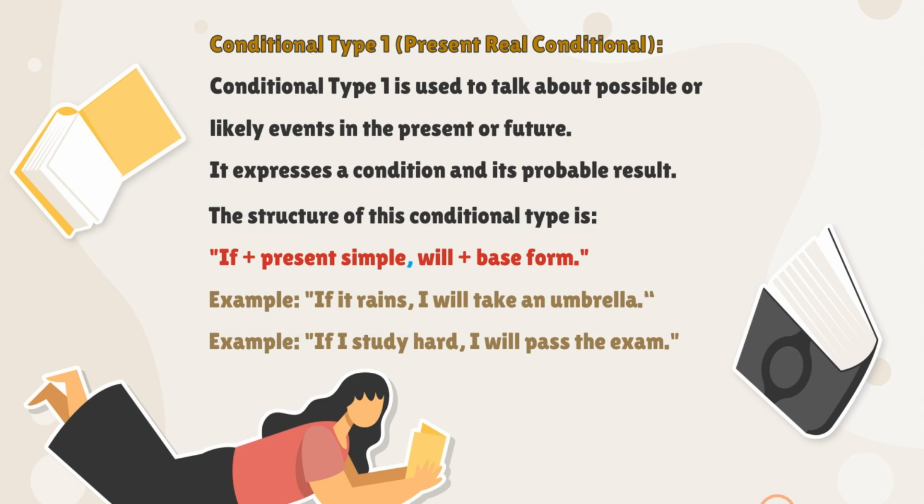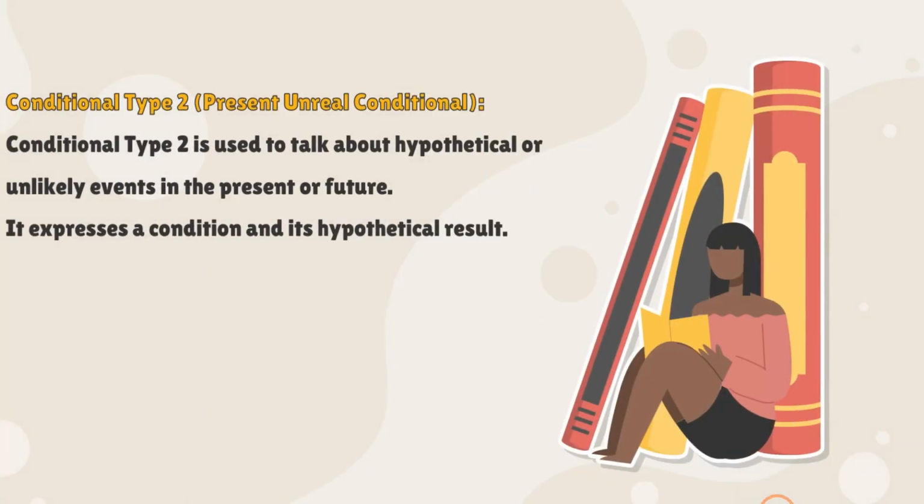The condition is if I study hard, and the result or consequence is I will pass the exam. It suggests that if the person studies hard, it is probable that he or she will pass the exam.